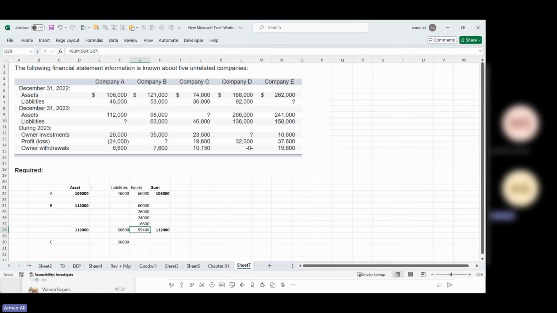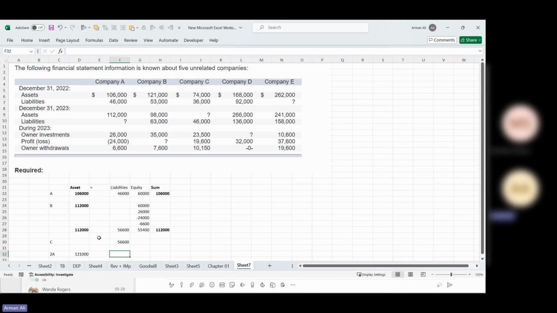Now comes question 2A. What was the equity on December 2022 for company B? Very simple. Again, 121,000.